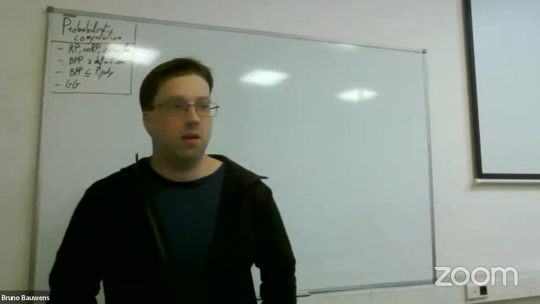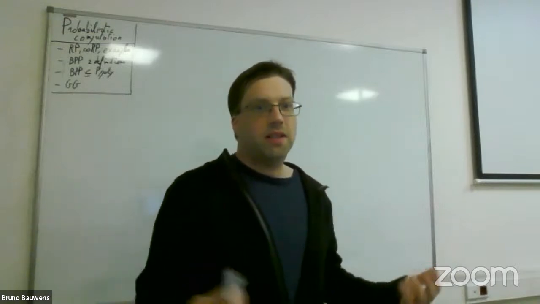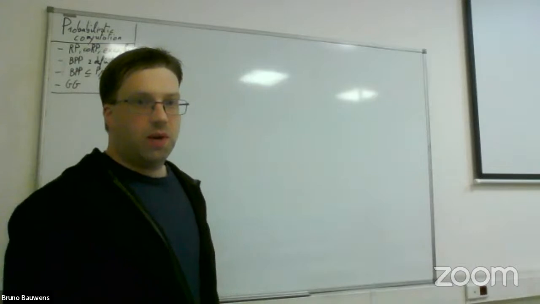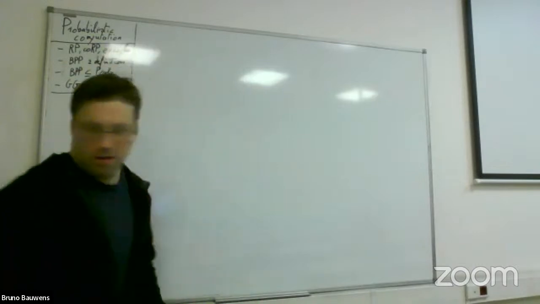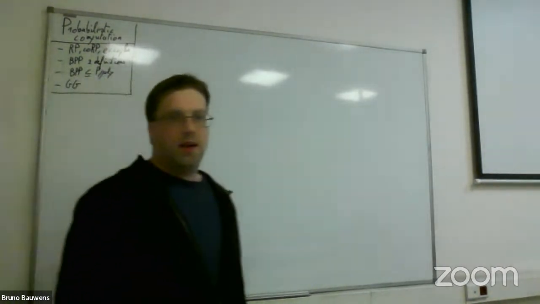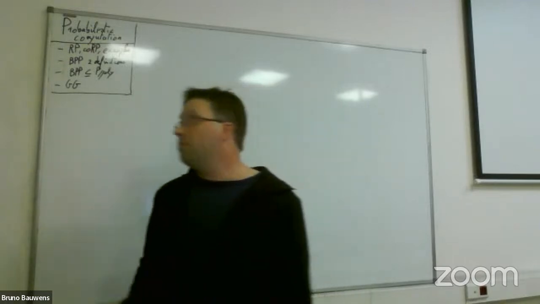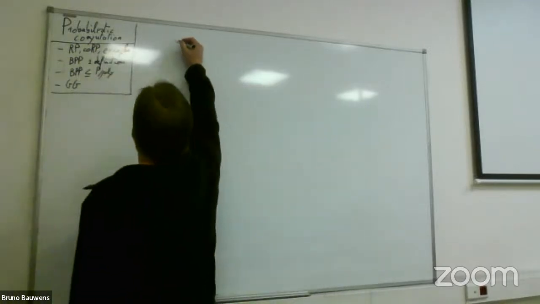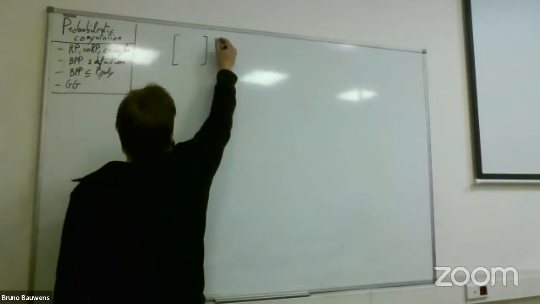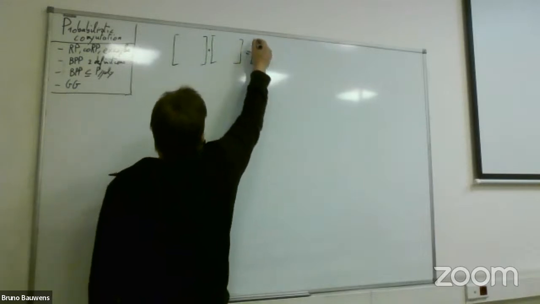Yes, so why is probabilistic computation relevant? Well, there are a few problems that can be solved better with probabilistic algorithms. One example is checking whether the product of two matrices is equal to a third matrix.